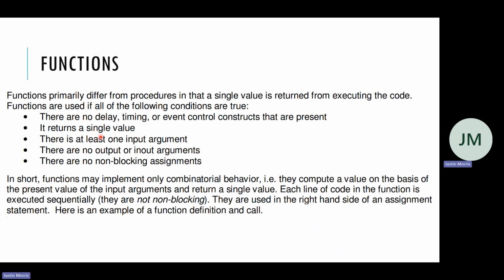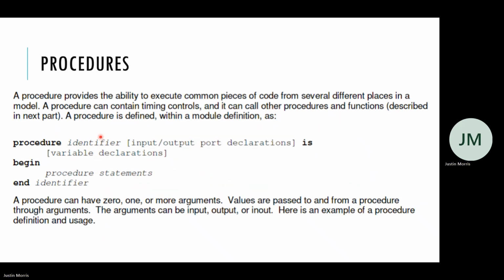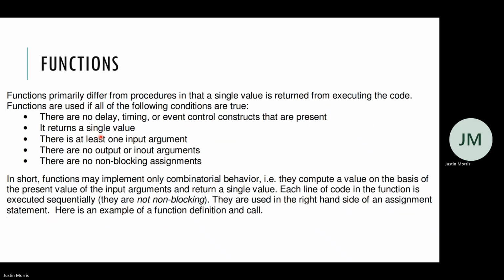But if you need multiple returns, that's what procedures are for anyways. Because a procedure, you can have multiple outputs. The functions are nice because you know if you're calling a function, it's purely combinational.